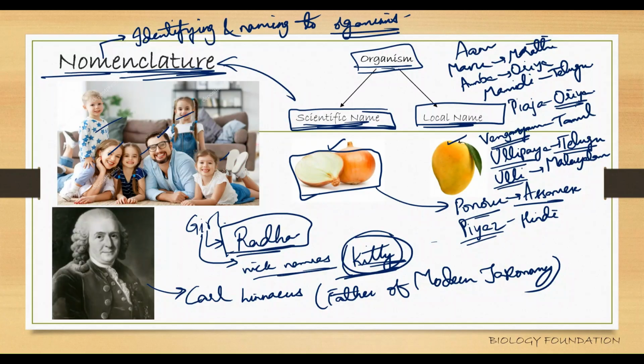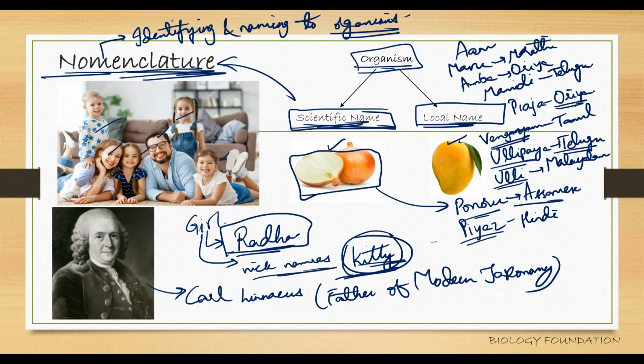Now, if you start referring to the mango as aam or some other thing, then people from other countries can't understand what you are referring to. You have to use the same name throughout. That is, the scientific name is a name which is used globally throughout the world. You are working on mango, then you have to write in your paper Mangifera indica. When you're doing research, you say, I'm doing research on Mangifera indica. That means mango. They'll get to understand.